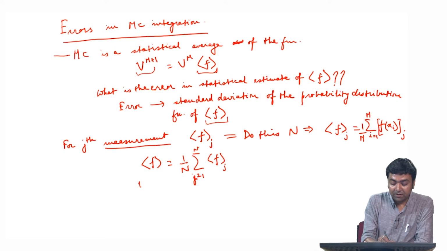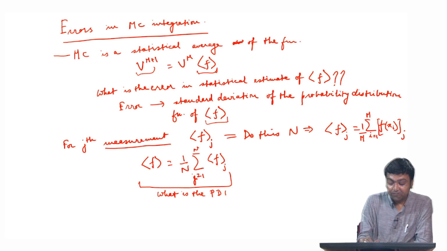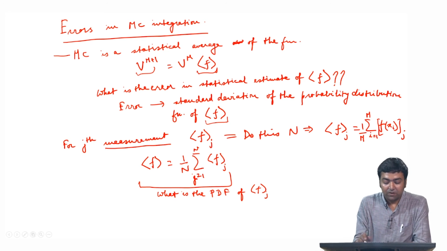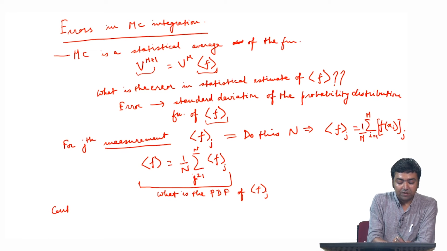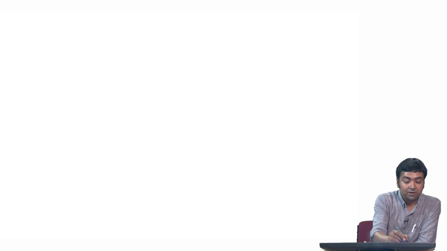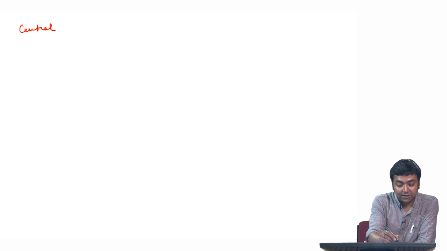Now, the question is, what is the probability distribution function of these f_j's? Okay. So, to find the answer to this, what we will resort to is the central limit theorem. What the central limit theorem states, I am not going to prove, but I will just invoke the statement of the central limit theorem.